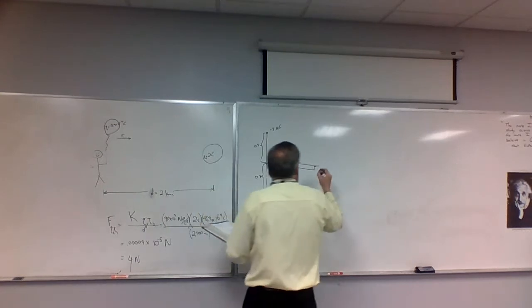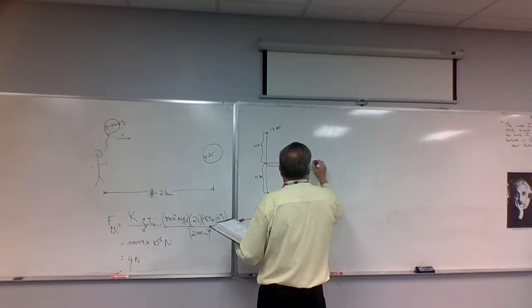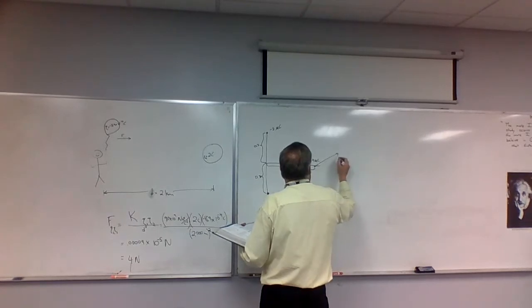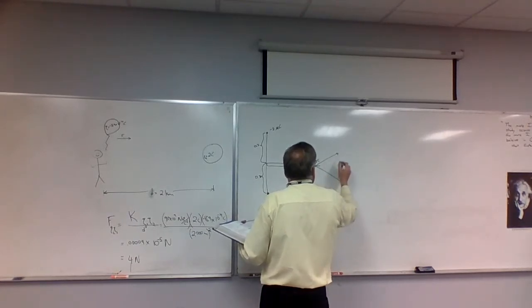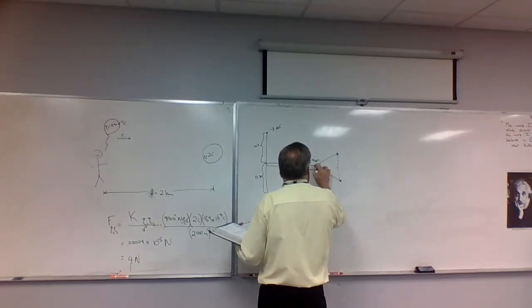And so the force created, this guy is -4 microcoulomb. So the force created here and the force created here, this portion of the force and this portion of the force cancel. So F net is only going to be in this direction.